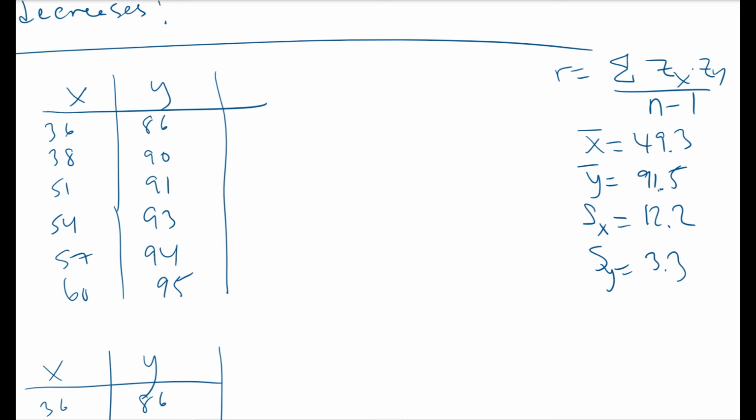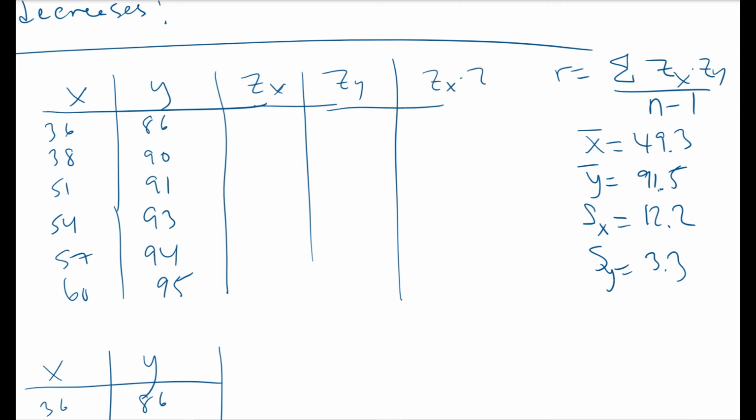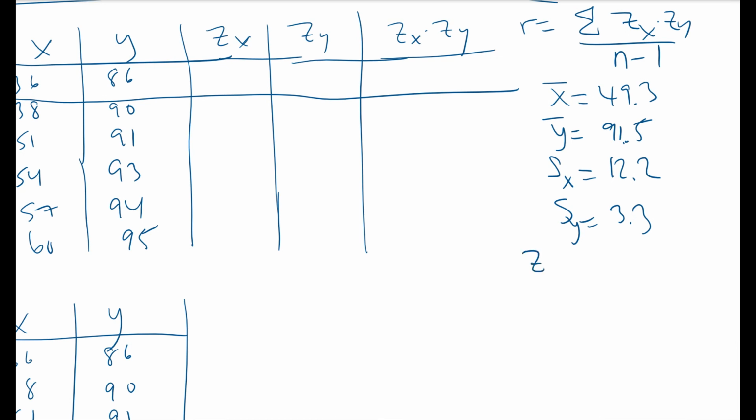Okay, so now that we've got that, we can calculate the zx, the zy, and the zx times zy. If we want to do the first one, the formula for zx is x minus x bar over sx. The formula for zy is y minus y bar over sy.